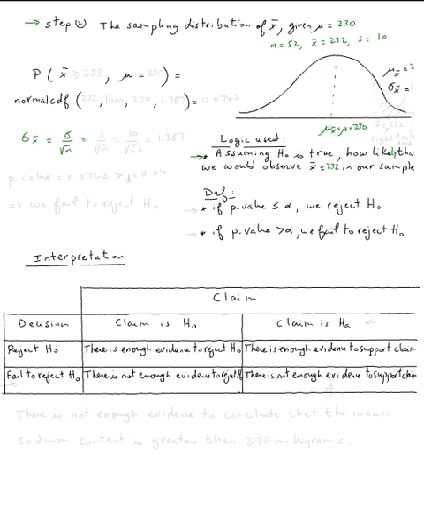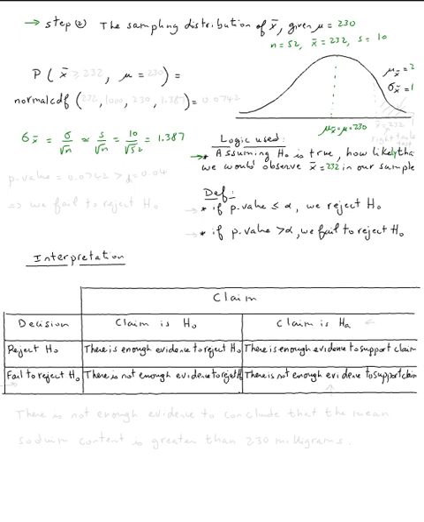Since we don't have the standard deviation of the population, we can approximate it by using S, the standard deviation of the sample, over square root of n. And this is 10 over square root of 52. If you use a calculator, this is about 1.387.